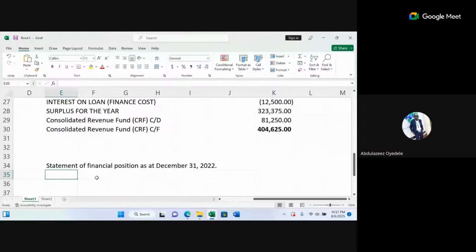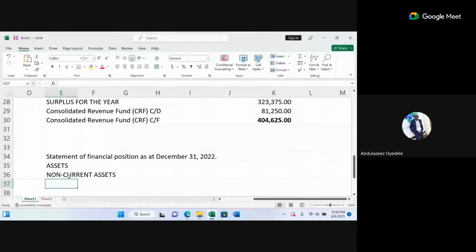So, as for the statement of financial position that we have said before, we start with our assets, and of course, it starts with non-current assets. Okay, so let's look at the non-current assets that we have, which are the land and building, the motor vehicle, and then the equipment and furniture from the question.